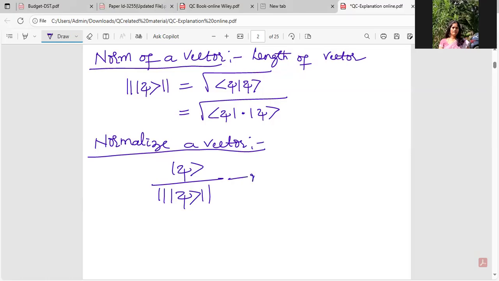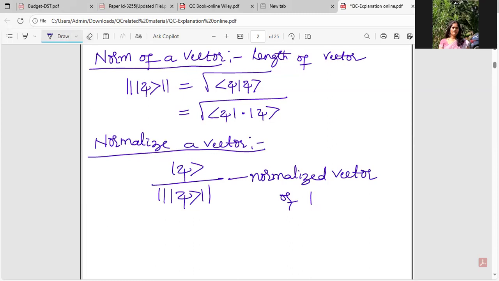That would be the normalized vector of ket xi. There are no two lines; ket xi is just one line and one greater-than symbol.